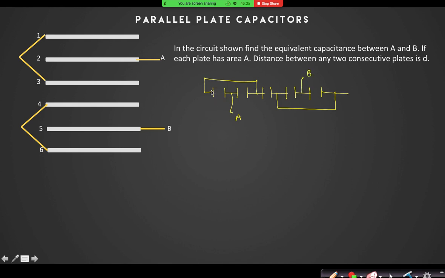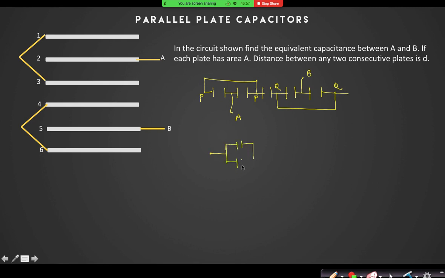Yes or no? So if I say this point is P, this point is also P, right? This point is Q, so this point is also Q. Now between A and P there are two capacitors, so they must be in parallel.